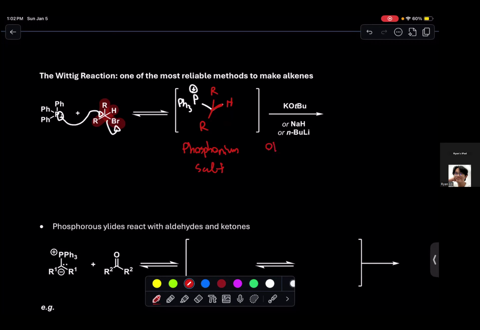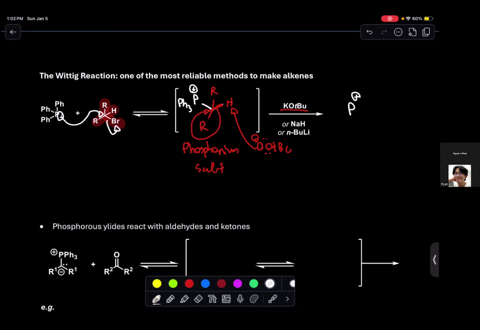And you grab your base, OtBu, from over here. Come in, grab an H, and this H is going to collapse onto the carbon atom in the center.